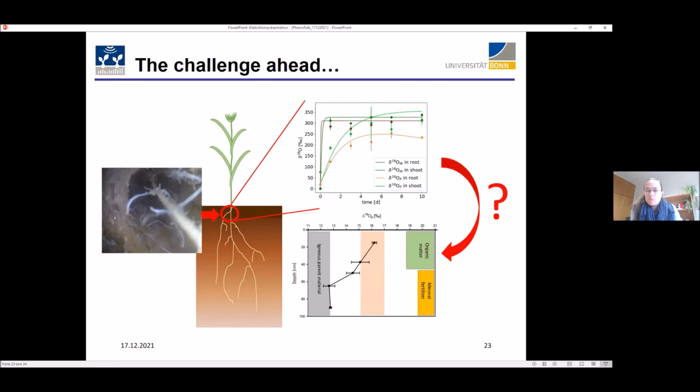These data we can then bring together with the isotopic values that we know from the soil profile. So eventually, if we back that up with some isotopic mixing model again, we should be able to determine which part of the soil profile contributes to what extent to the overall phosphorus nutrition of the plant.